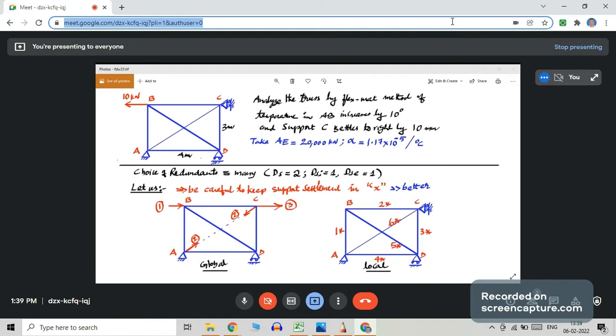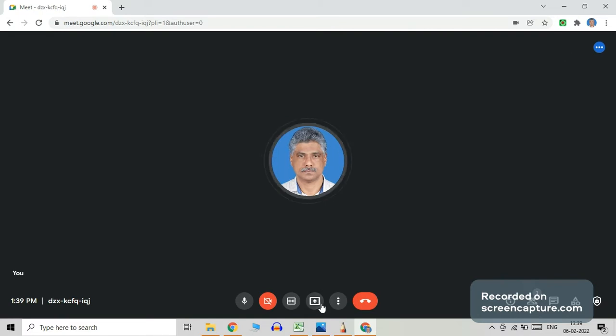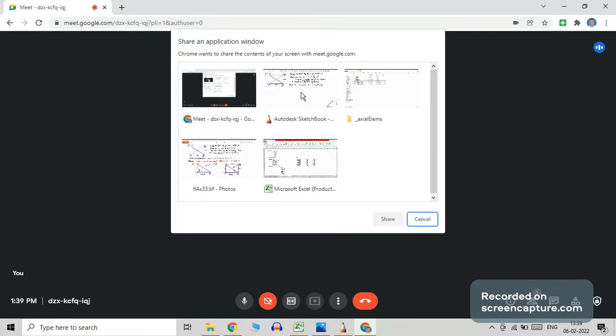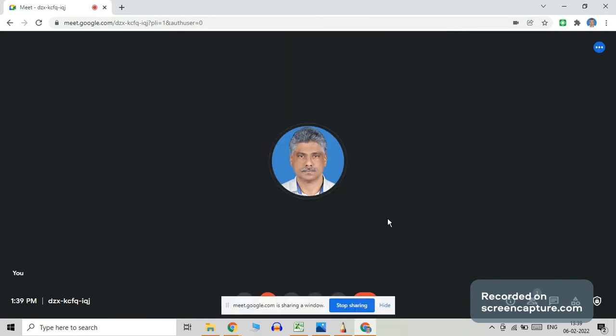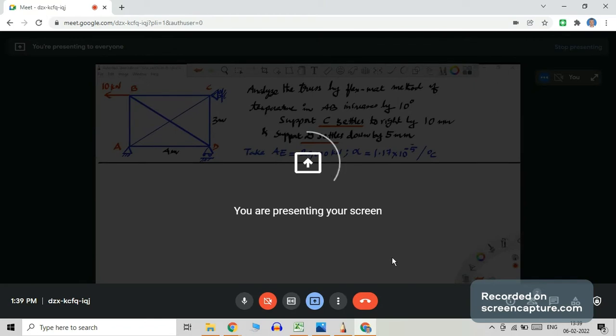So every issue related to a truss problem is addressed by the flexibility method in this discussion. So be very careful if you need to understand this. As I told you, you should be very clear on what we are discussing about the symbols and all.